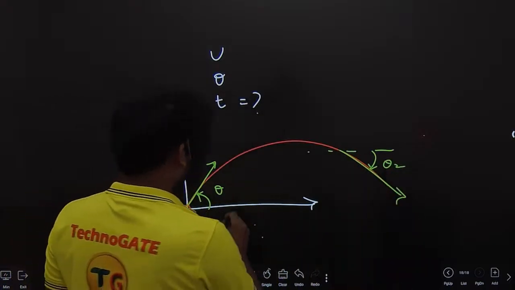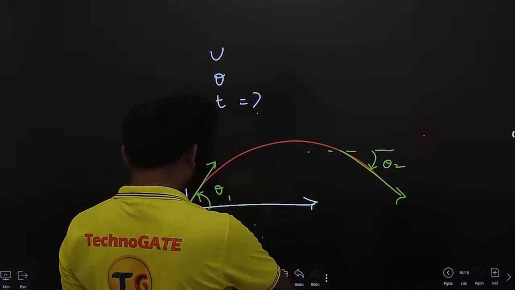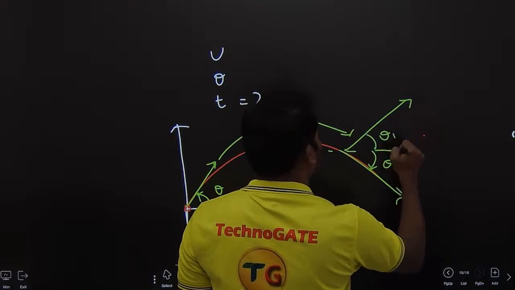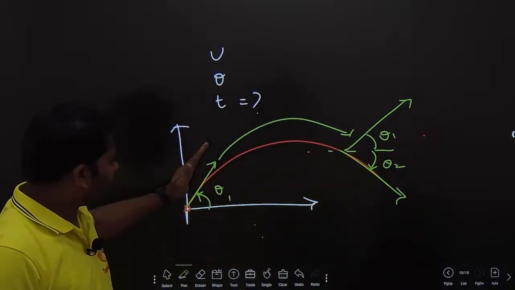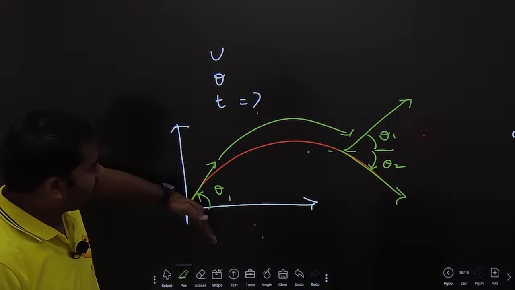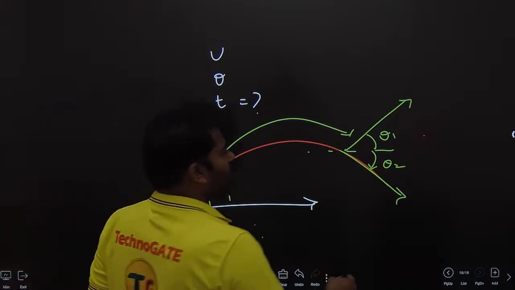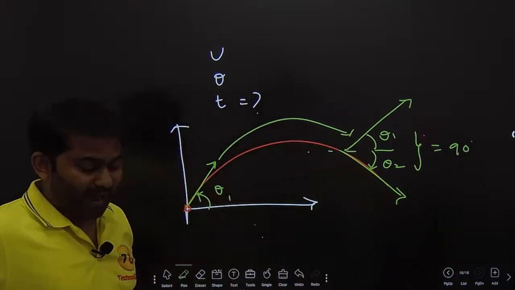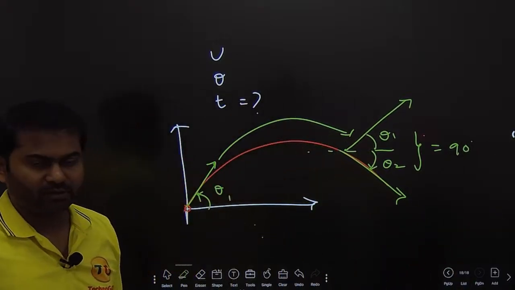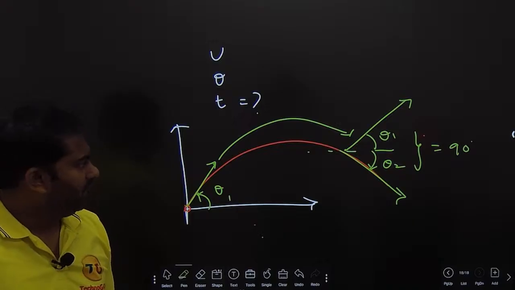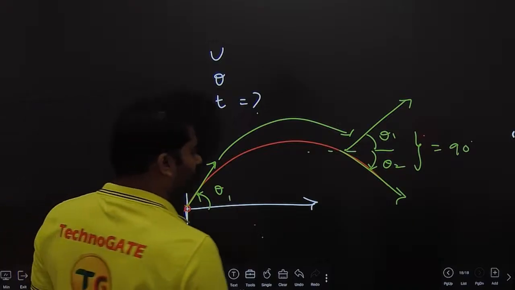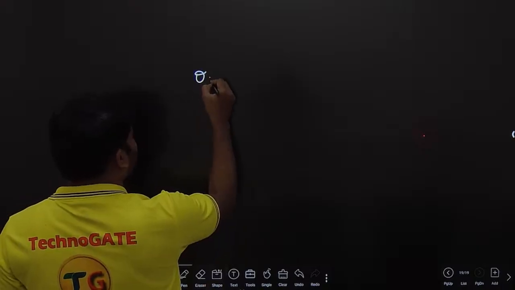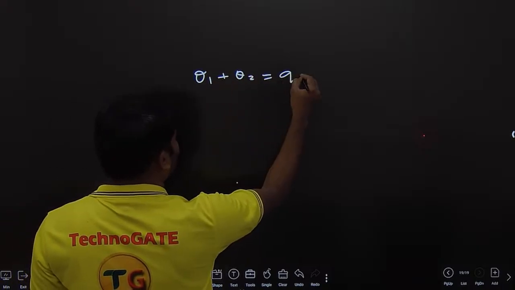Okay, so let us say this is theta 1. If you take this and place it here, you would see that this is theta 1. The initial direction and the final direction should become 90 degrees. So the addition should become 90 degrees. The angle of inclination changes. Theta 1 plus theta 2 should be equal to 90 degrees basically. So we are getting the condition, perpendicular to initial means theta 1 plus theta 2 is equal to 90 degrees.